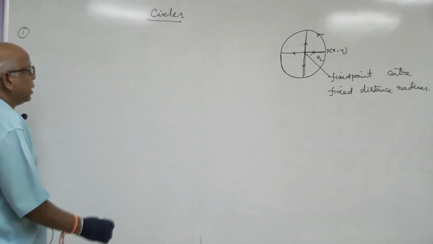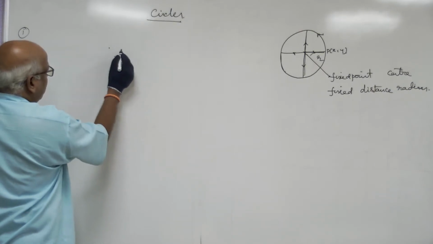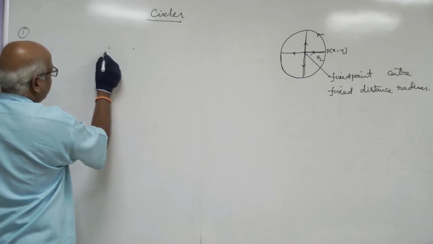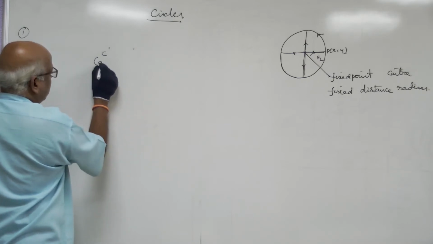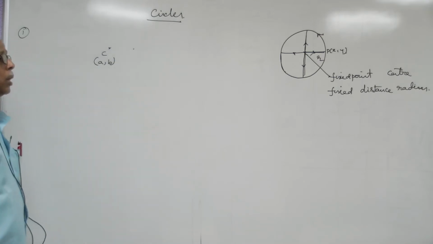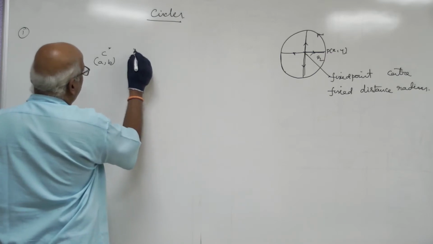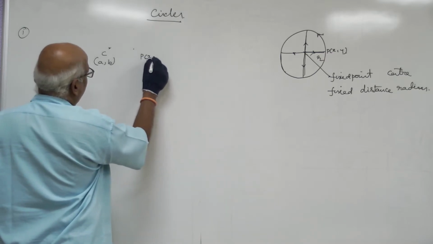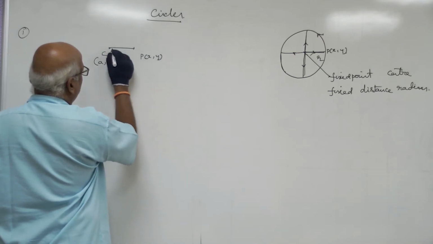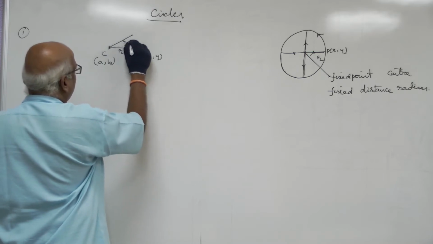That means there is a point which does not vary, which does not change. Another point is there that always changes. Let us take the coordinates of this fixed point as (a, b) and the moving point coordinates as (x, y). The distance between these two is always equal in all directions, r.